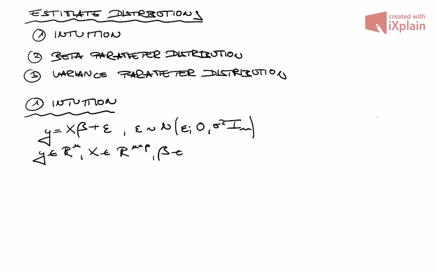Beta is a p-dimensional vector. Our epsilon is also n-dimensional. Our 0 as well. The identity matrix is clear, and sigma square is larger than 0.